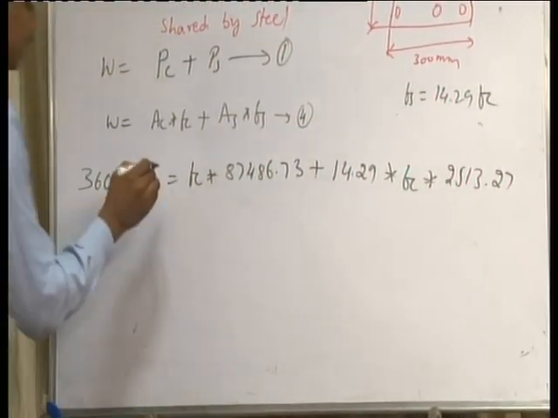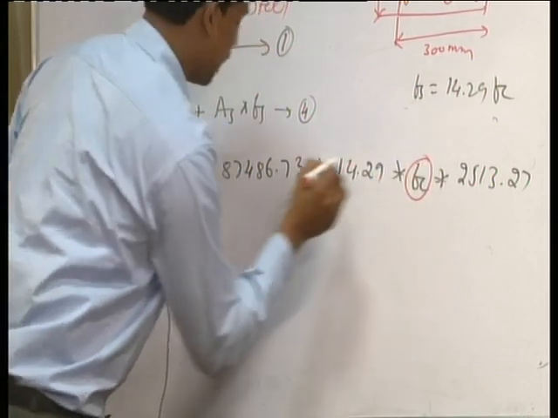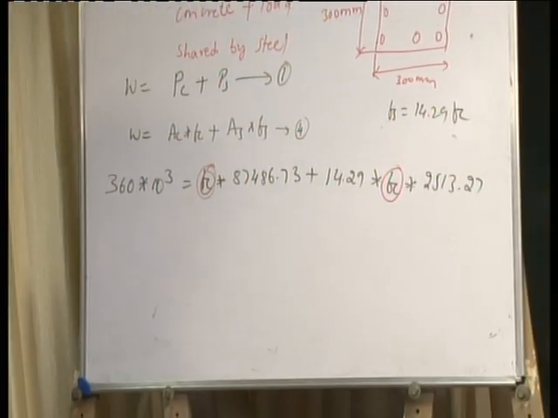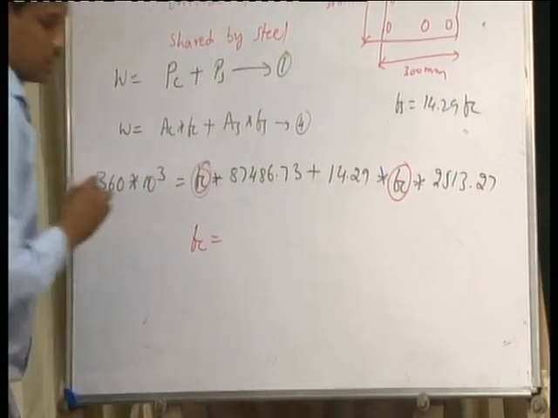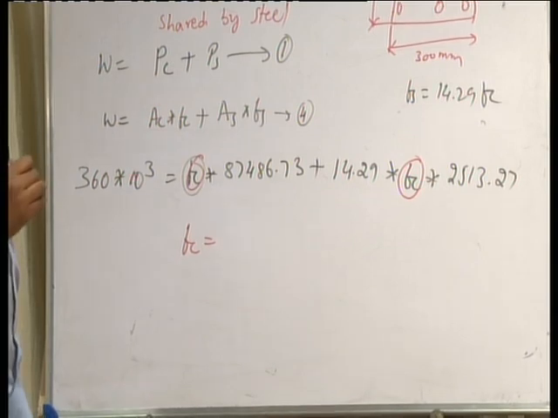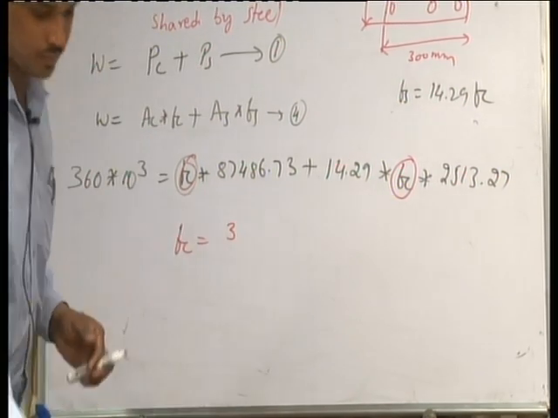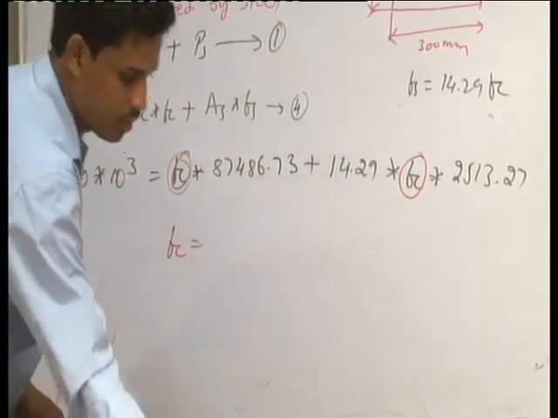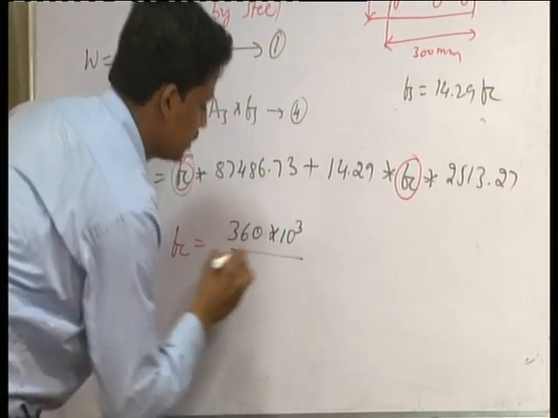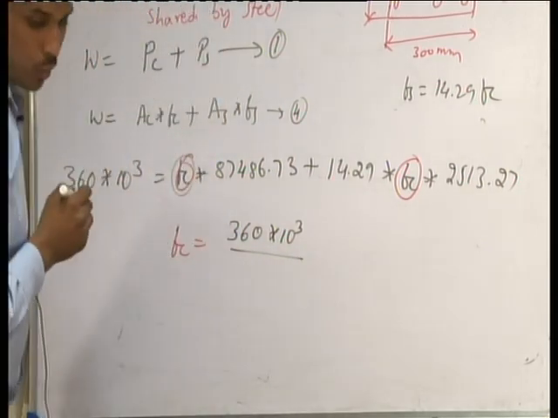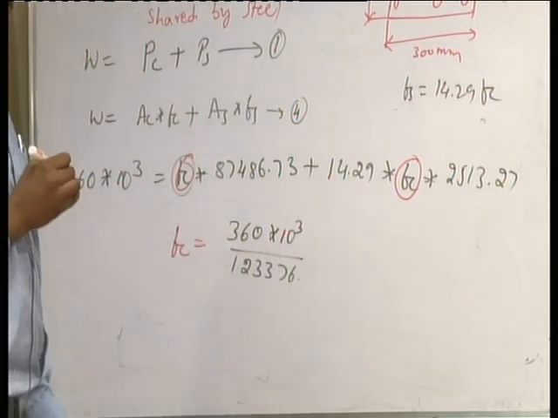So in this expression, the only unknown is Fc. If we solve this equation, we will get Fc as 360 into 10 to the power of 3 divided by 123376.22.